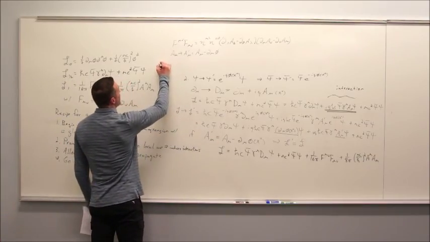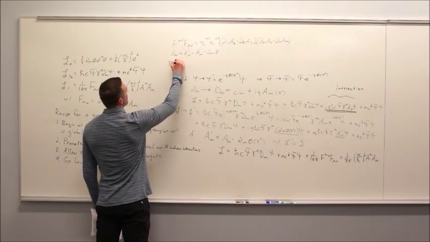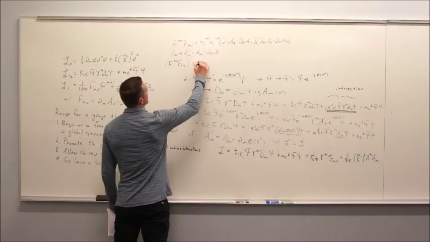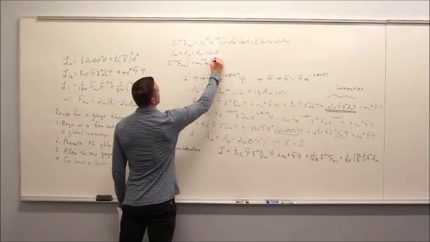So if I do that, what I find is that the new form of this term, which I'm just going to call the primed form, is given by this expression.